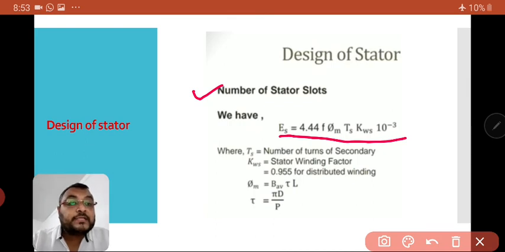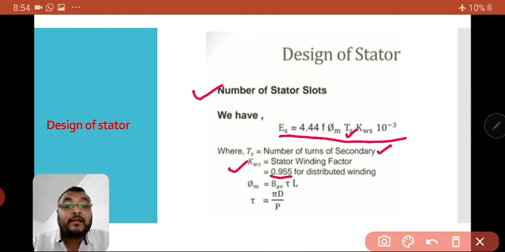All those things are given over here. Ts stands for the number of turns per secondary. Kws is the stator winding factor, which is usually considered 0.955 for distributed winding.